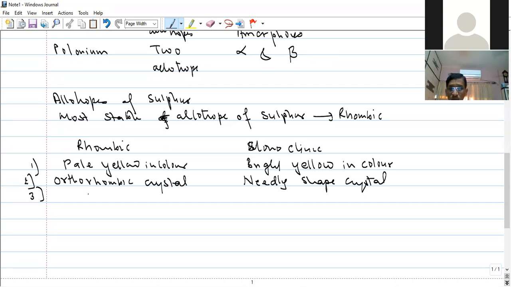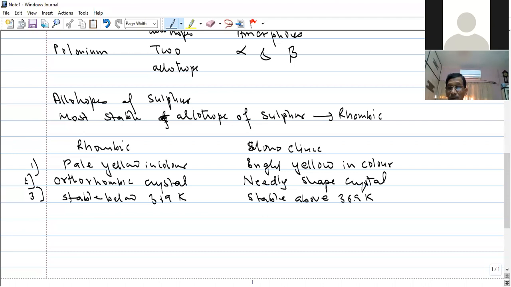Third, rhombic is stable below 369 Kelvin, and monoclinic is stable above 369 Kelvin.